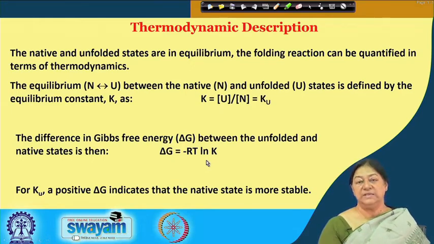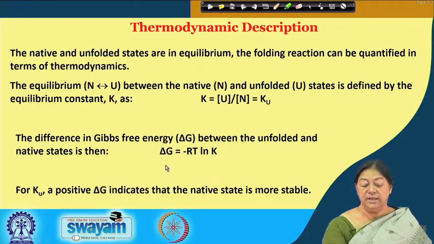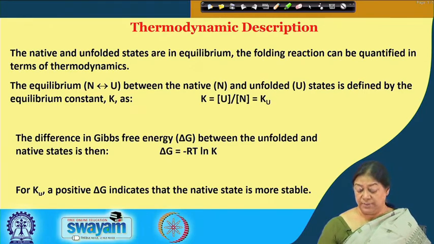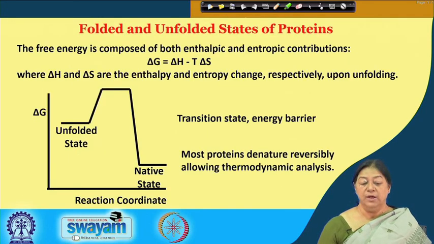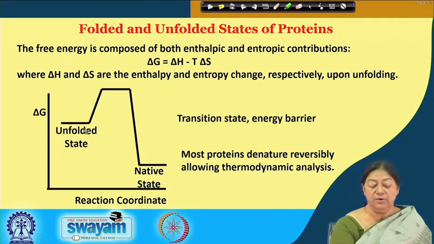Now, if we say that K is positive, then delta G is negative, which indicates that the native state is more stable. We look at this as the unfolded state and the native state.